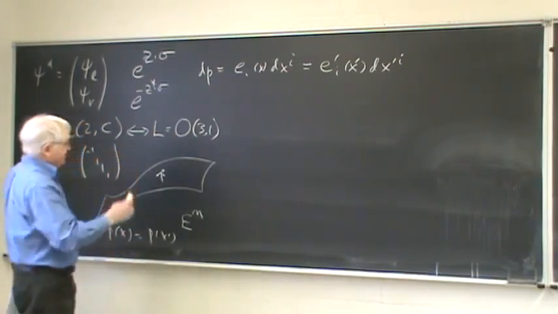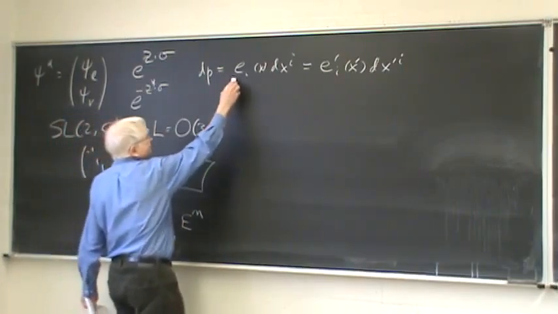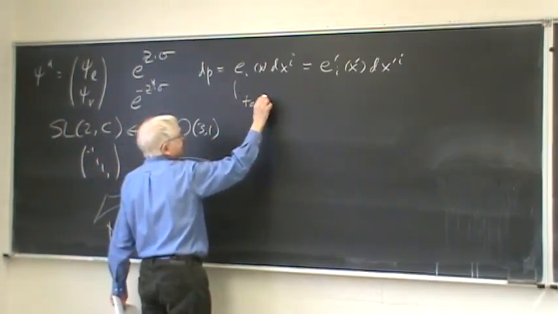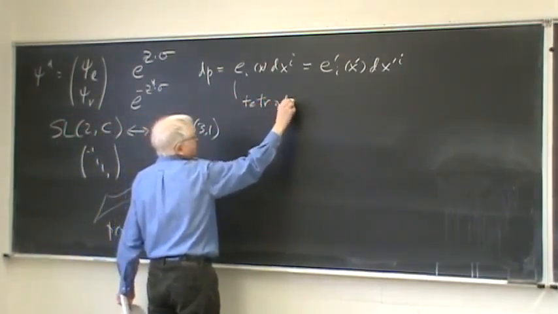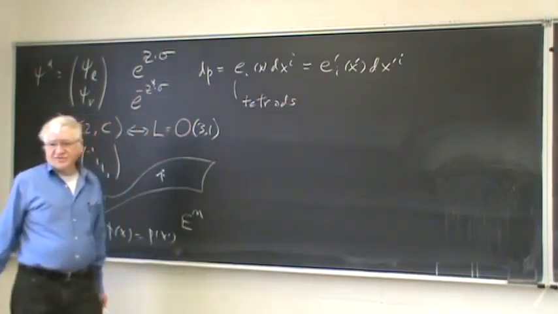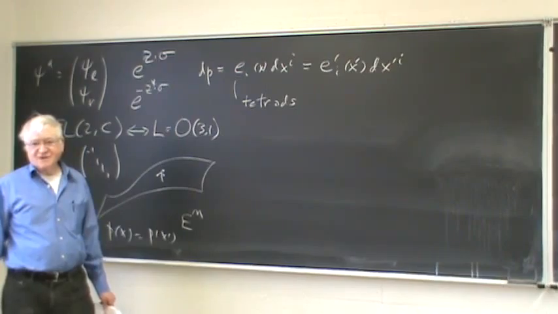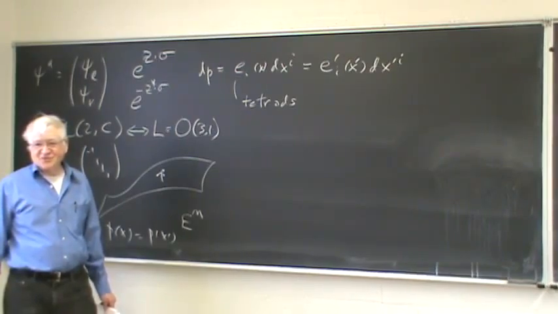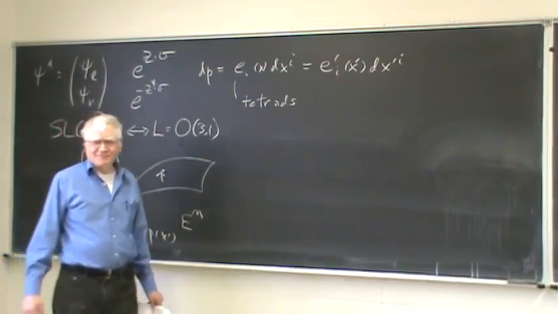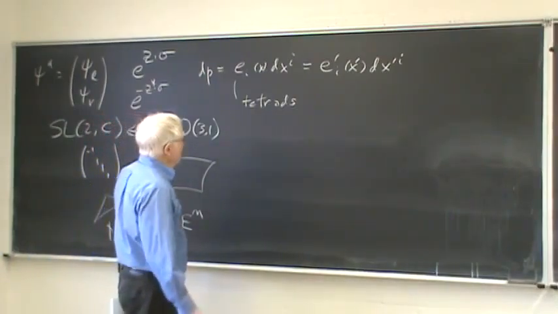And so what are these vectors e_i? These things are called tetrads, which just means that there are four things. In fact, I think I've got sort of a redundancy there. Tetrad means four, and then I've got an S for plural. So it's a little funny, perhaps.